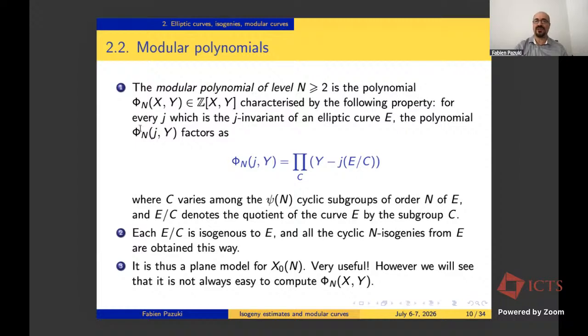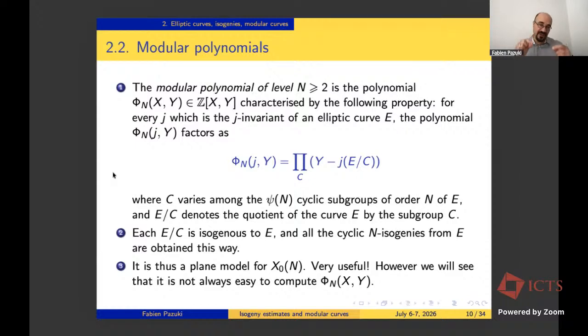Because now you can just let J vary over your field, and you're forming a curve such that each point on that curve will satisfy this rule: the couple will be a zero of this, so they will encode 2 J invariants of elliptic curves being n isogenous.